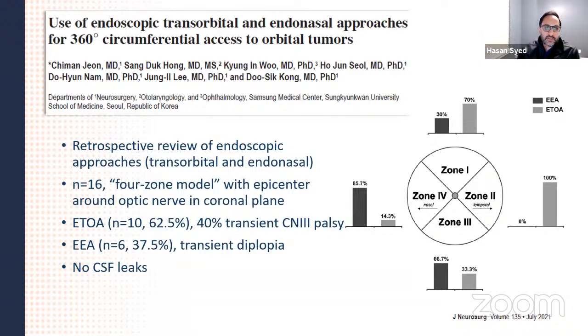Certainly there's some morbidity associated with the endoscopic approaches, but they're less invasive compared to other approaches. That's a perspective that I wanted to share as well. And again, thank you so much for that great presentation on the anatomy.